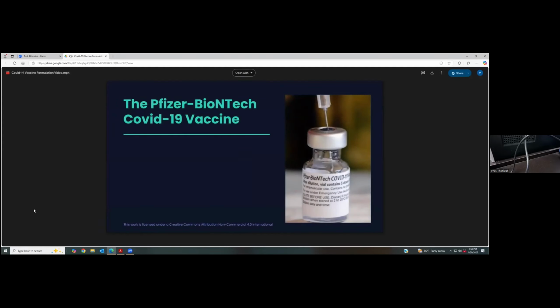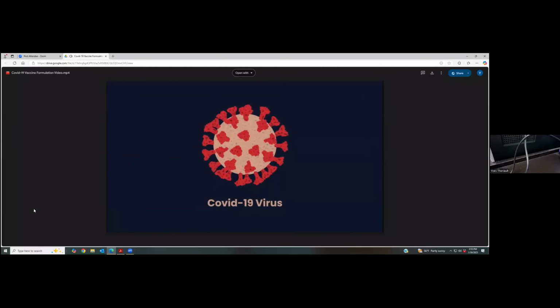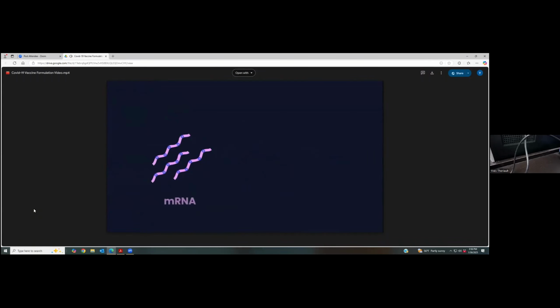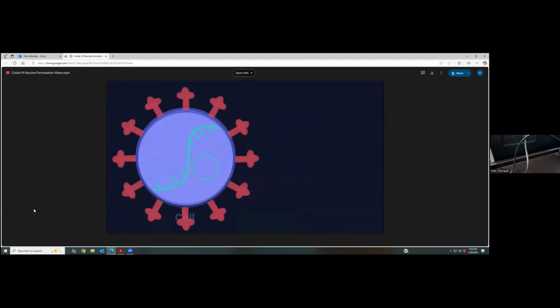When nanotechnology saved the world. In this video, we will look at the detailed formulation of the Pfizer COVID-19 vaccine and explain how the vaccine works. The COVID-19 virus bears spike proteins on its surface. Thanks to modern sequencing technology, we could design the mRNA that codes for the spike protein. When embedded in a lipid nanoparticle, the mRNA can be delivered to human cells via vaccination, and those cells produce the spike protein in the human body.